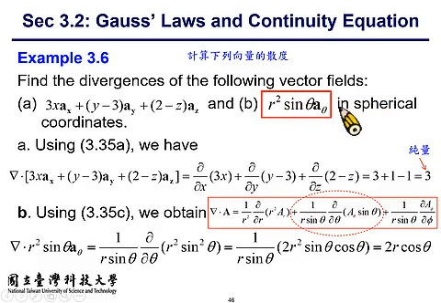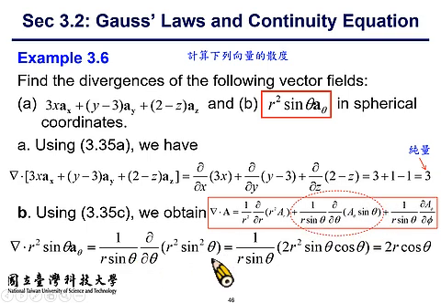And this vector is in the spherical coordinate system, so you need to find the associated divergence operator of the spherical coordinate system, of which you only use the middle term, that is, the derivative of the theta component along the theta direction.